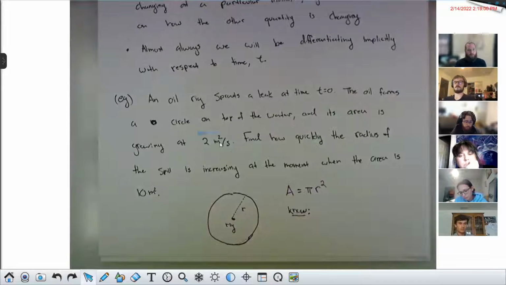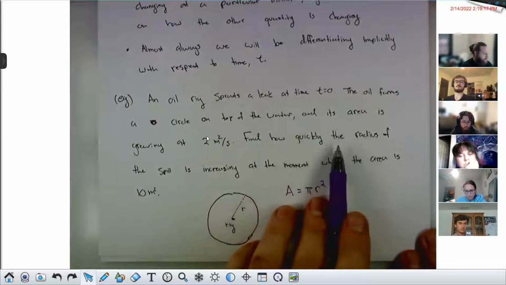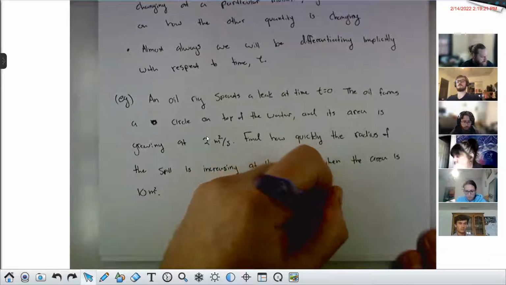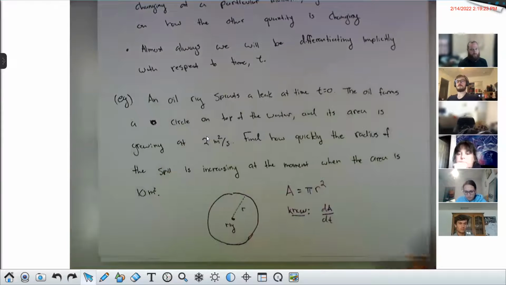So it would be true that as a function of time, the area's rate of change would be 2. I could write A of t equals 2t or something like that. But there's a much easier way to go about this. The rate of change for the area would be dA/dt.